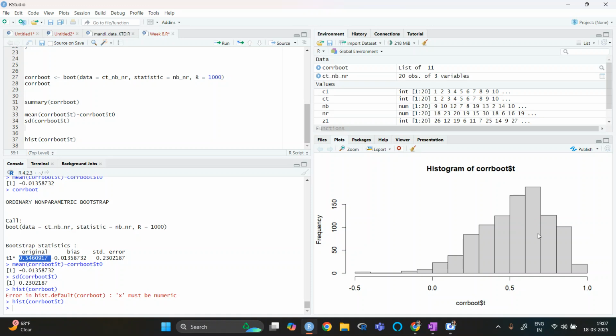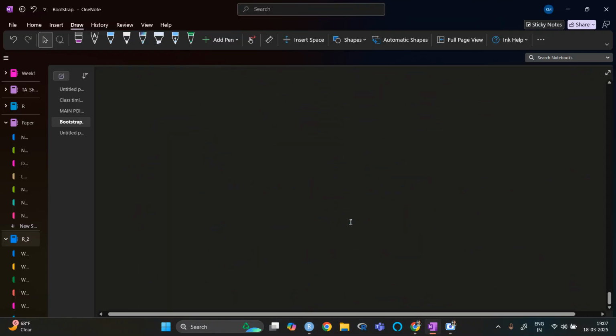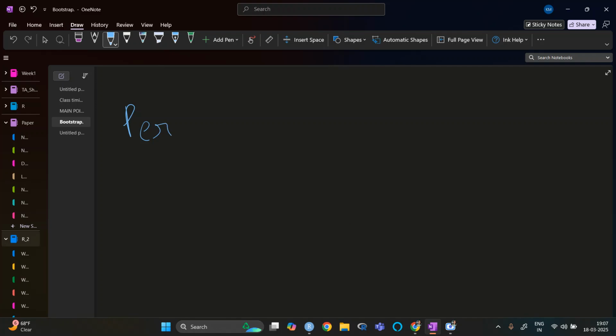It depends on how many you want to remove. Here I have taken B equal to 1000, or let's say R equal to 1000, so that it does not increase the confusion with our software.